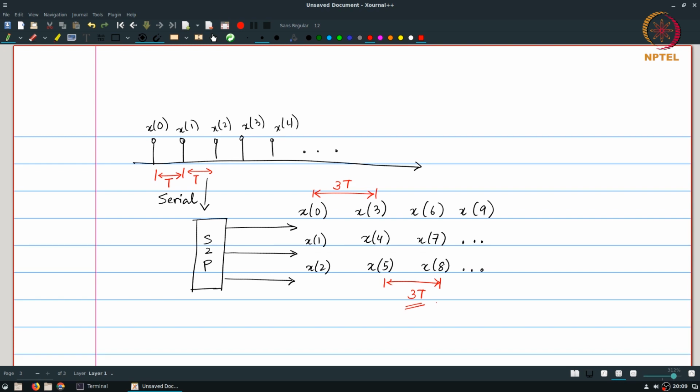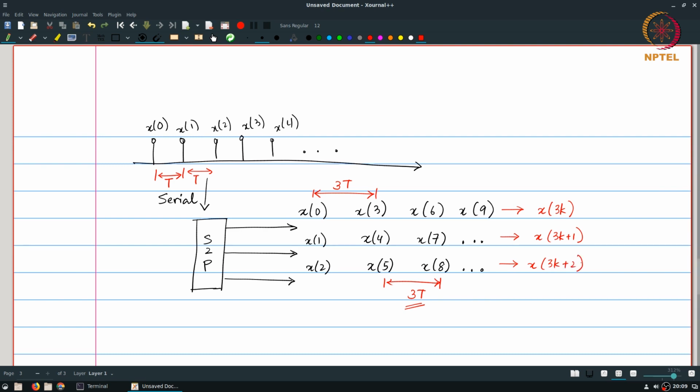The question that now comes up is, now that we have managed to split the input into 3 distinct streams, how do we make use of this information? You can observe on the right over here that each of these streams essentially corresponds to x of 3k, x of 3k plus 1, and x of 3k plus 2.